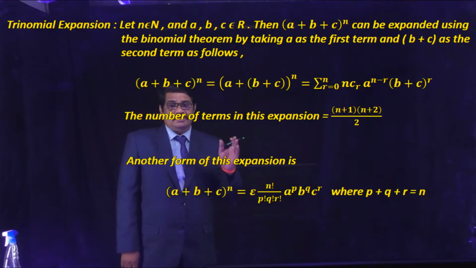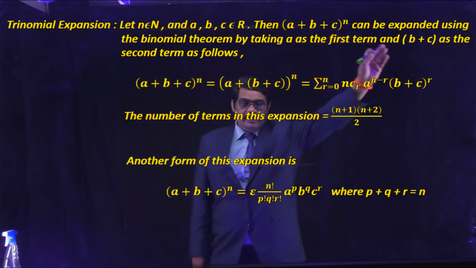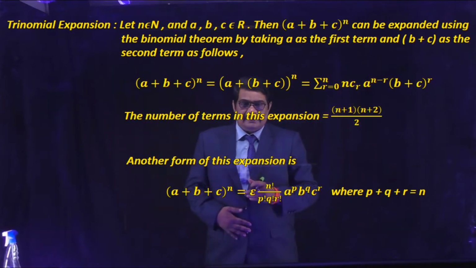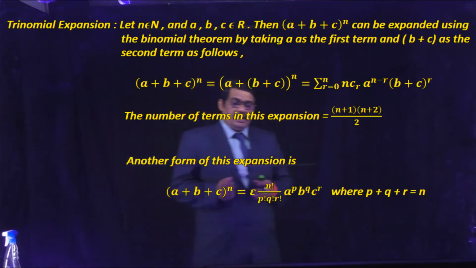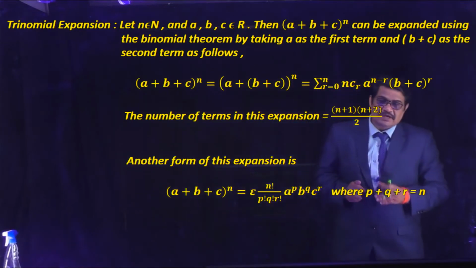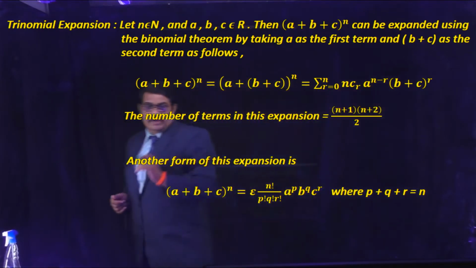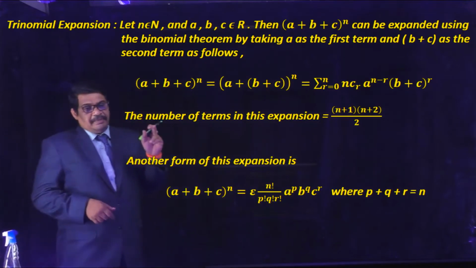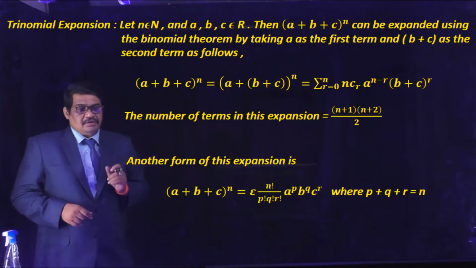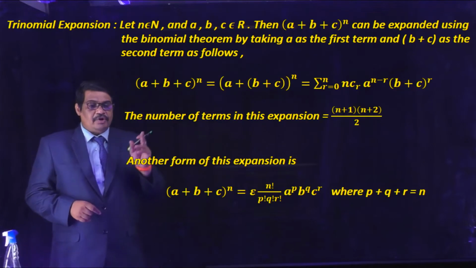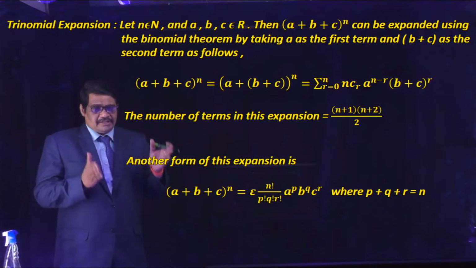Then (a + b + c)^n can be expressed using the binomial theorem by taking a as the first term and b plus c as the second term, as follows: (a + b + c)^n = sigma r = 0 to n, nCr, a^(n - r), (b + c)^r. We are expanding like this.